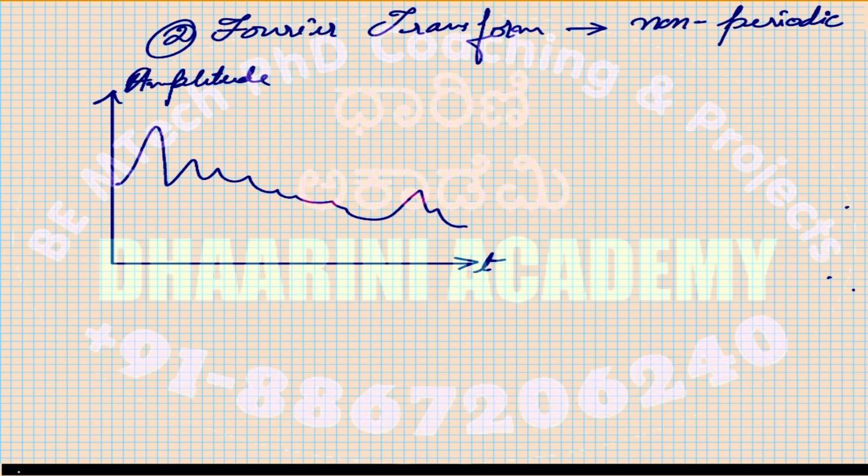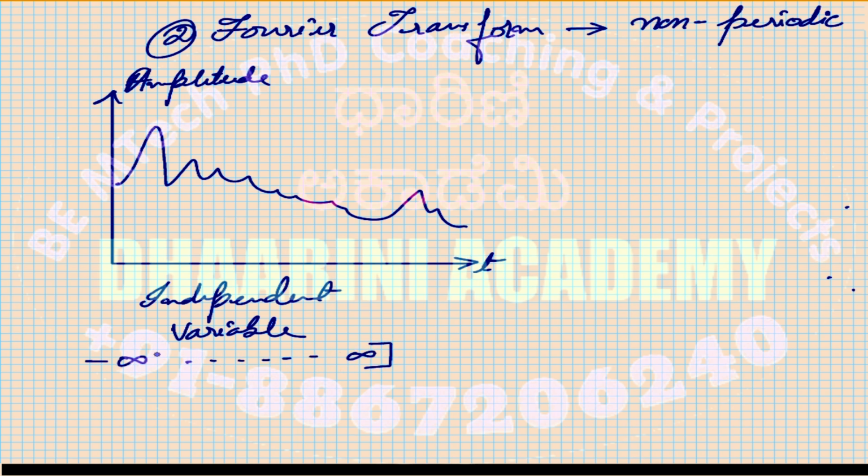Okay, so in such a representation, whatever you write in the horizontal axis is called the independent variable. This is the independent variable, right? Why is it an independent variable? Because along the x-axis you can take all the values from minus infinity to plus infinity, no restriction.